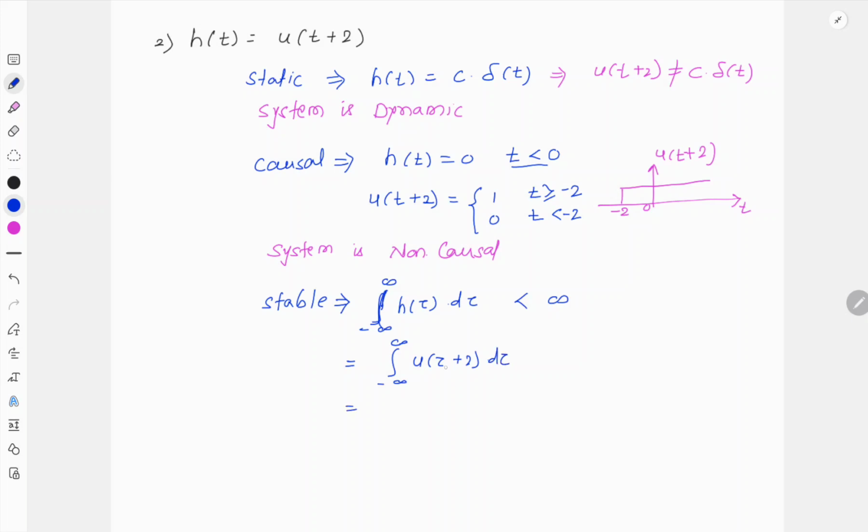Now u of tau plus 2 starts at minus 2, so the limits change from minus 2 to infinity, and the value of u of tau plus 2 becomes 1, d tau. So it will be tau with the limits minus 2 to infinity. So here straight away we get the answer as infinity, therefore the system is unstable.